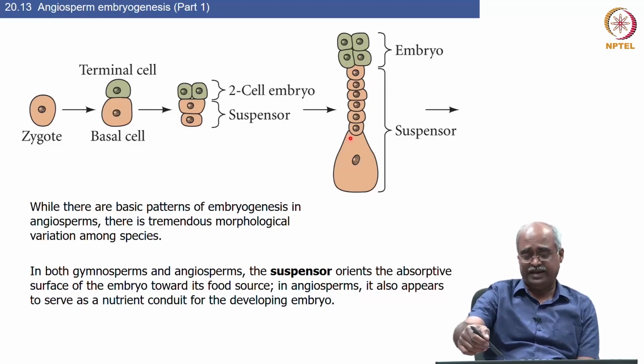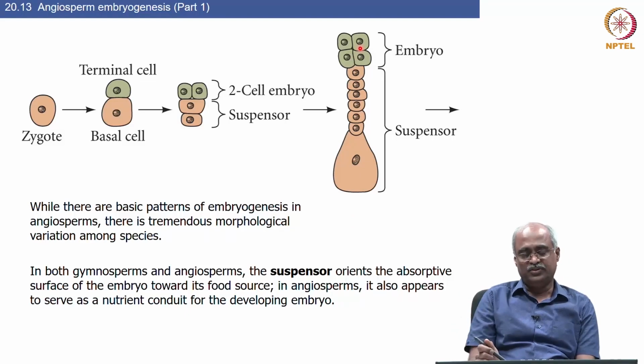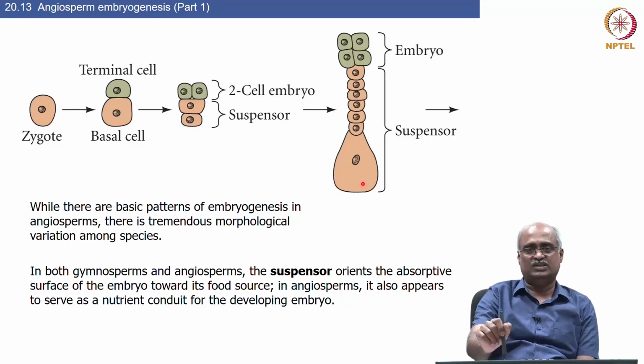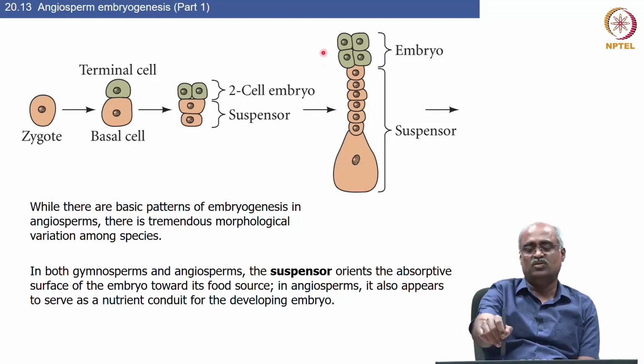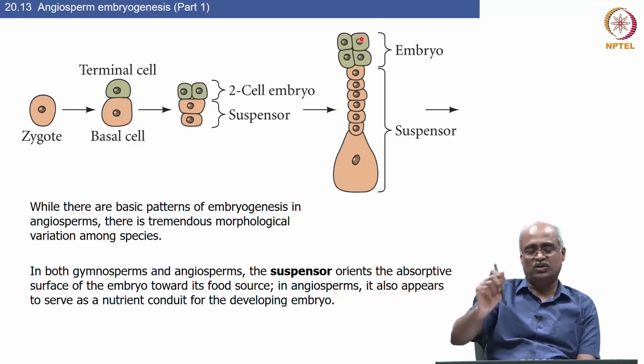And in flowering plants, it actually acts as a conduit as well for the food to the developing embryo. So that's the role of the suspensor, and eventually the suspensor is going to degenerate and the rest of the embryo is going to form from this. So the body plan that we talked about, the radial, dermal, ground and vascular tissue, and the shoot and root apical meristem setting up, they are all going to happen from these cells, the embryo proper.